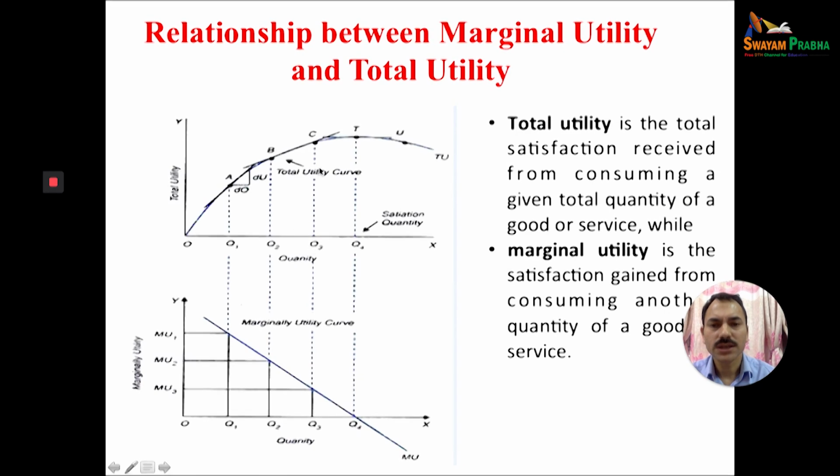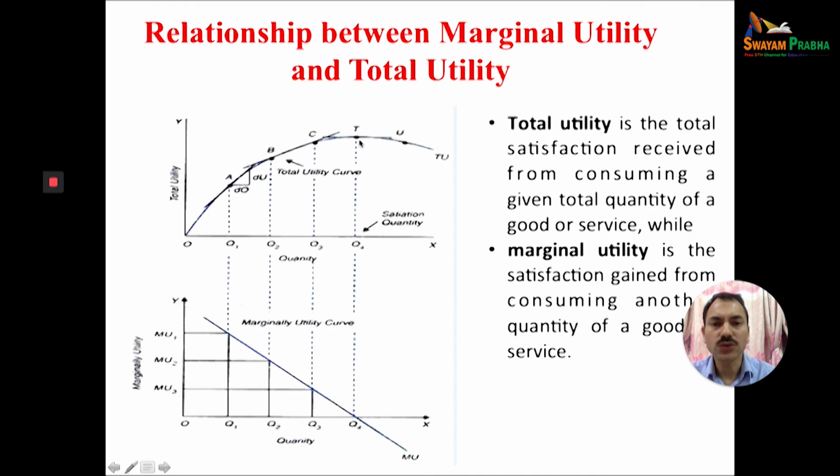At Q3, total utility is C, whereas marginal utility will be MU3. When you consume the fourth unit of a product, the total utility is maximum, but marginal utility here is zero. When total utility is increasing, marginal utility is positive.